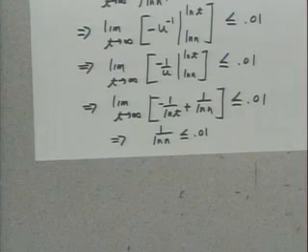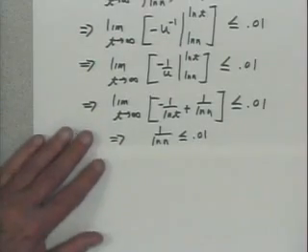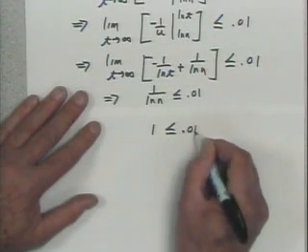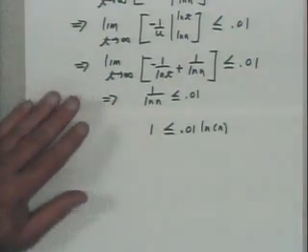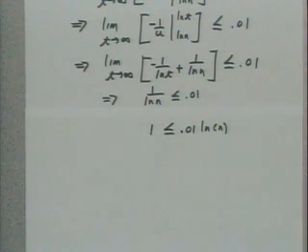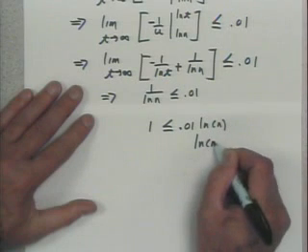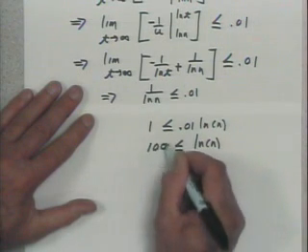And then you got to solve that for n. To solve that for n, we can say 1 is less than or equal to 0.01 times natural log of n. That means natural log of n is greater than or equal to 100.